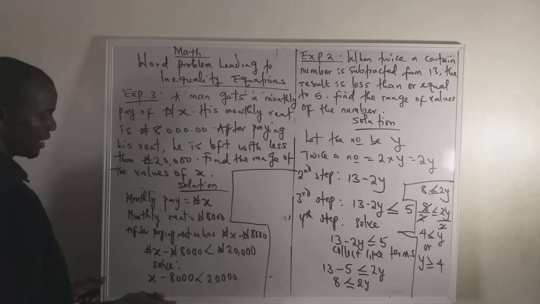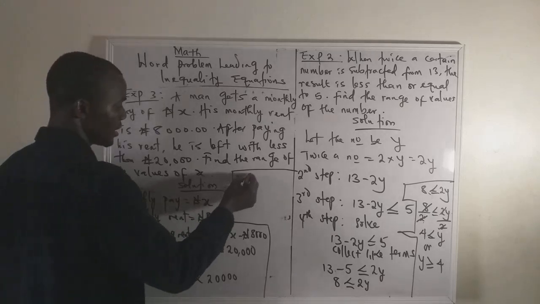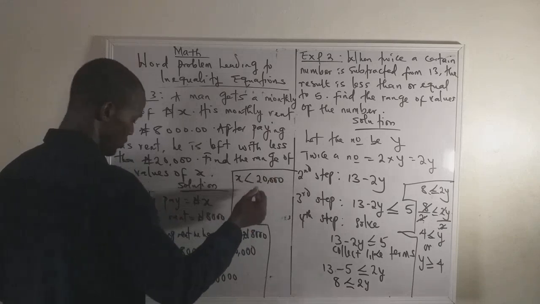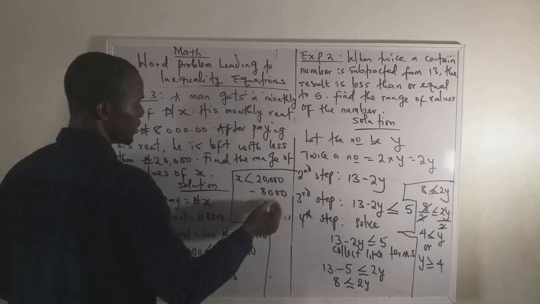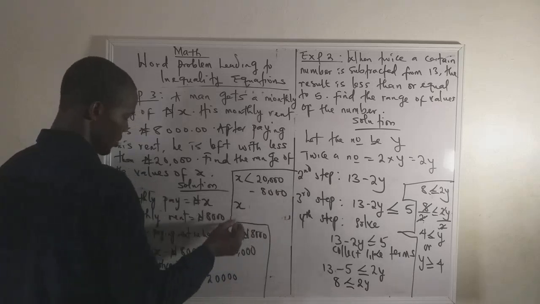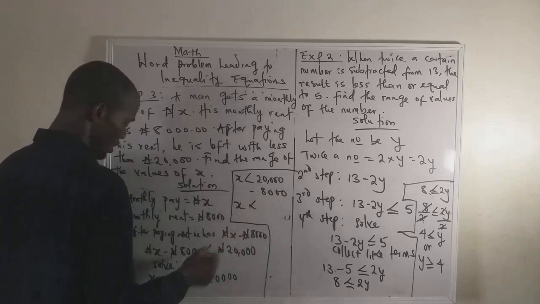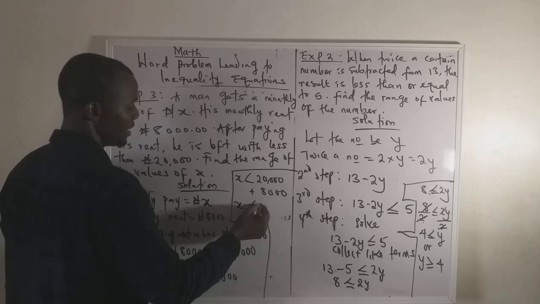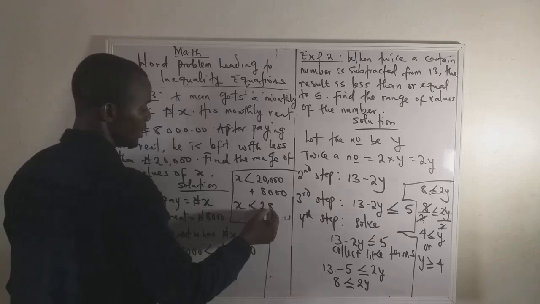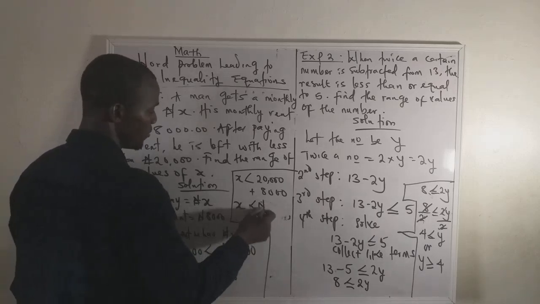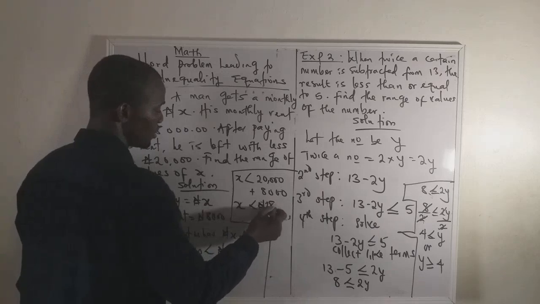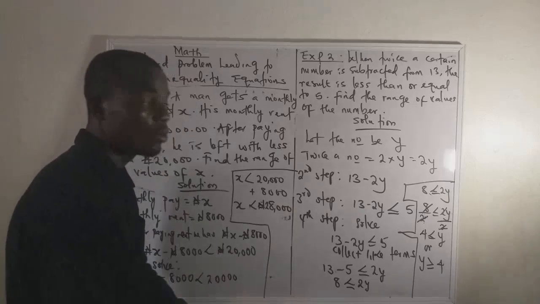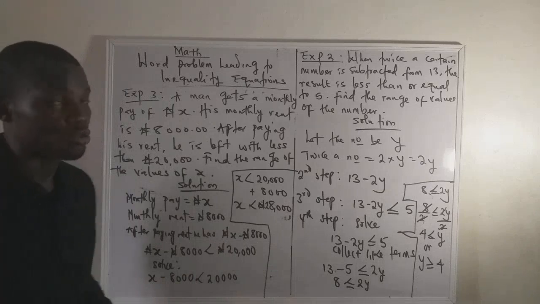By the time you collect like terms, you are going to have that X is less than 20,000 plus 8,000. Your X will be less than 28,000 naira. Our final answer must be in naira. And there you go. That is the result to that particular question.